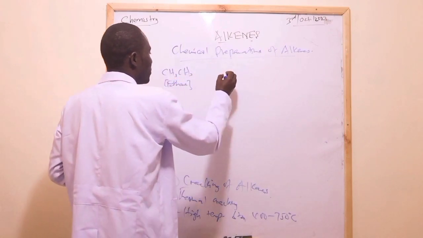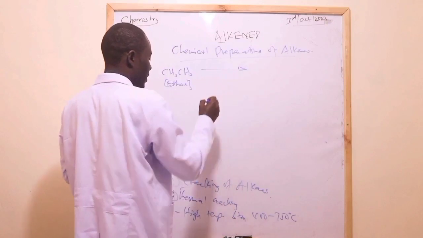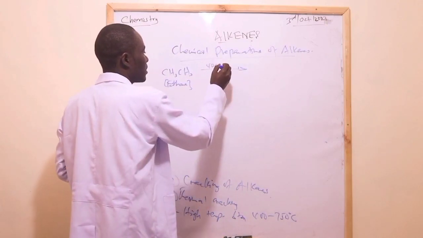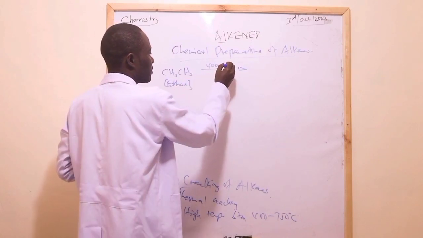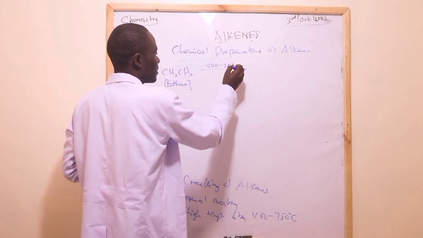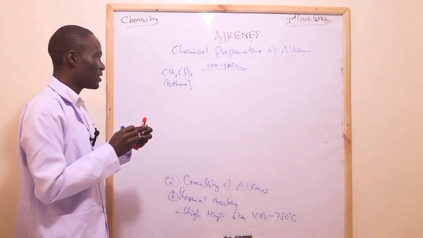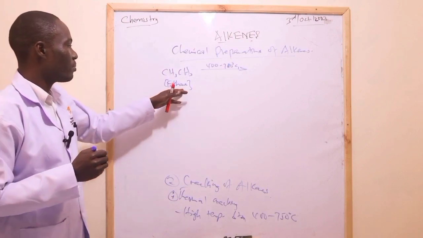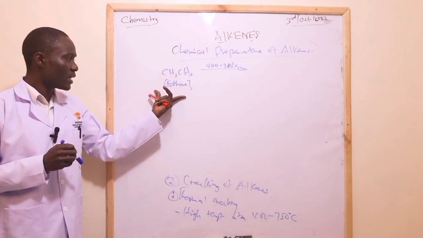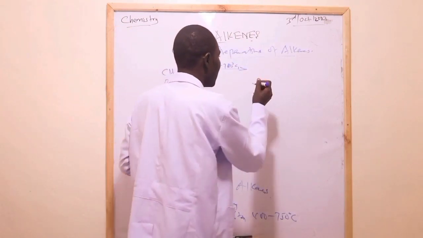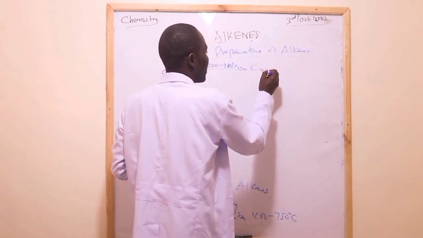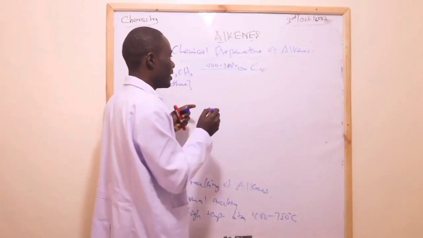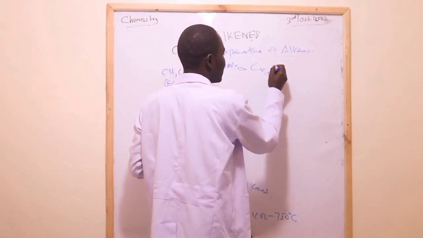Now, when you subject it to a high amount of energy, write that on the arrow because it is a condition, up to 750 degrees Celsius. So we find that a lower member will be formed. Like in this case, should you heat it, you'll be forming methane as a lower member of alkane, that is methane gas.